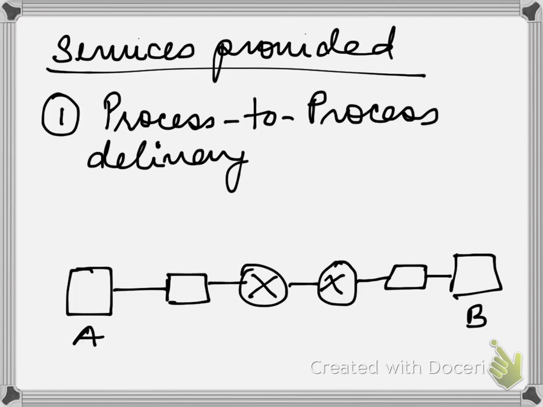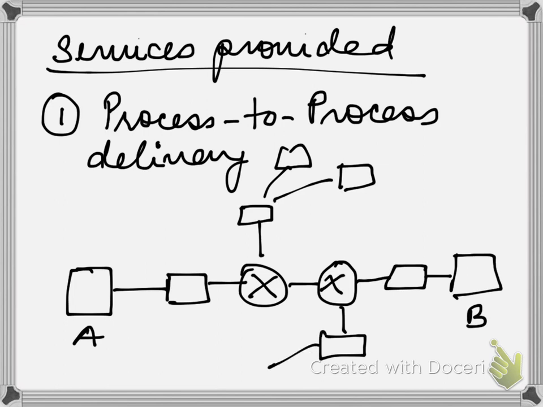Now these intermediate devices between A and B are not the only devices sending data through them. So this may be connected to another node here, which may be connected to several other devices. Similarly, this may be connected to something else, which again may be connected to something else, and so on.